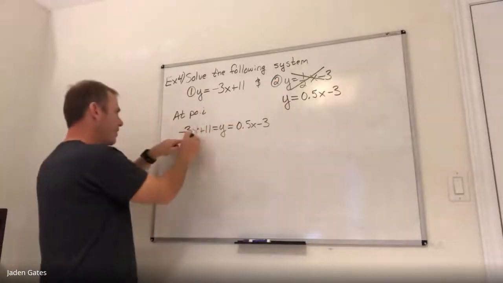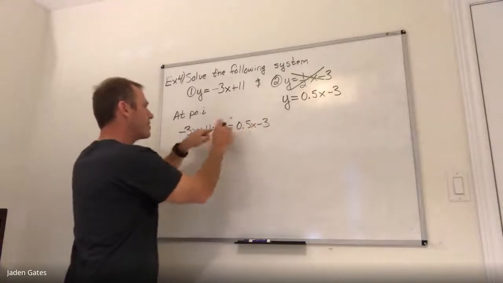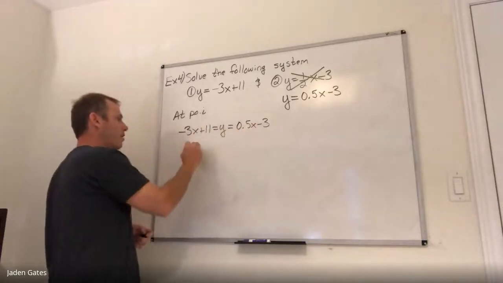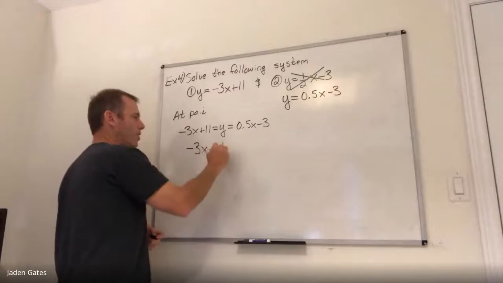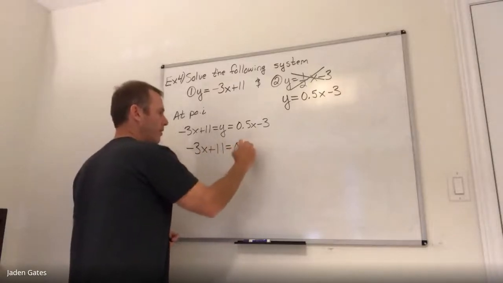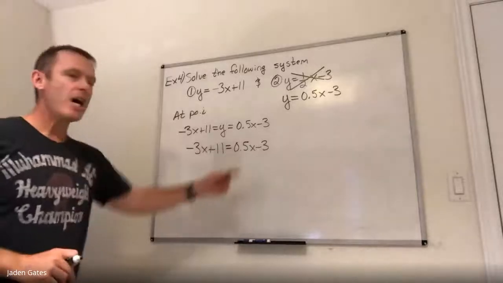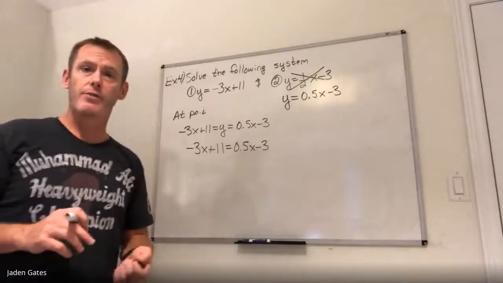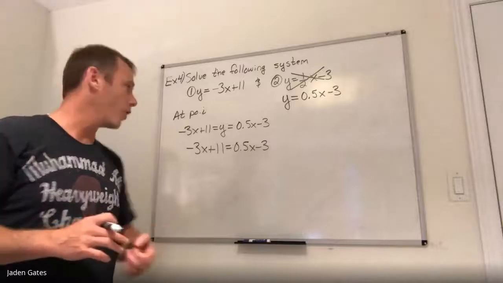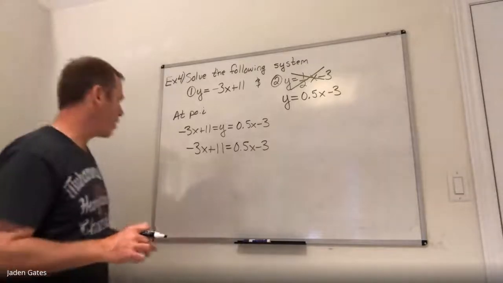So if this is equal to that y and this is equal to that y, then they are equal to each other. Now, just like before, I have an equation where I can solve for the x coordinate of our point of intersection.